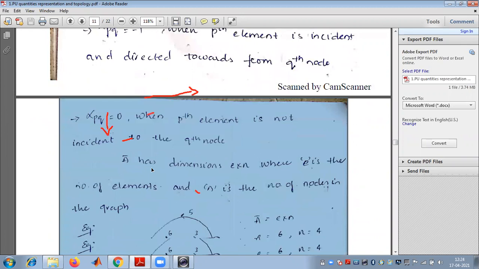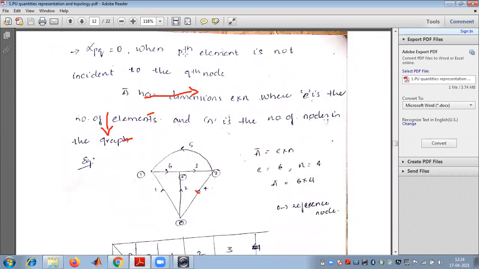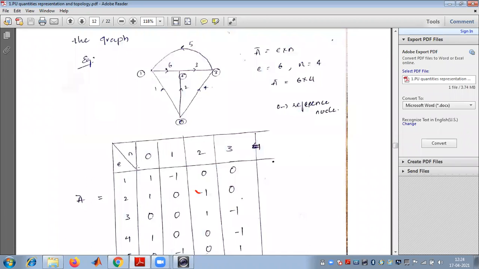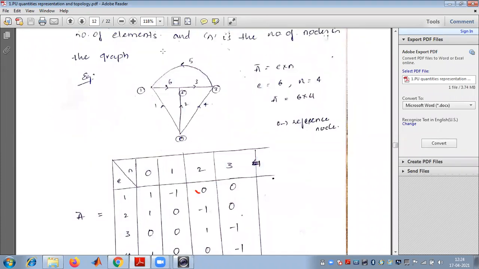Now we are going to consider the first one. Now you see here. The first one is node 0 and element 1. This is node 0, the 0th node. Element 1 is directed away from, not directed towards. If it were directed towards, obviously the arrow would be in this direction. Since element 1 is directed away from the 0th node, obviously you substitute 1.